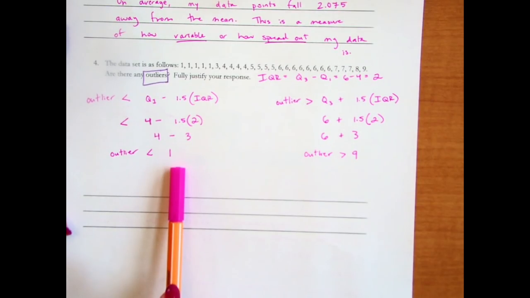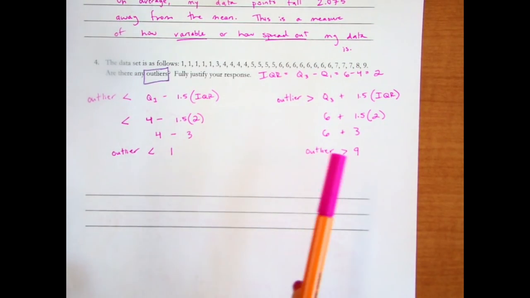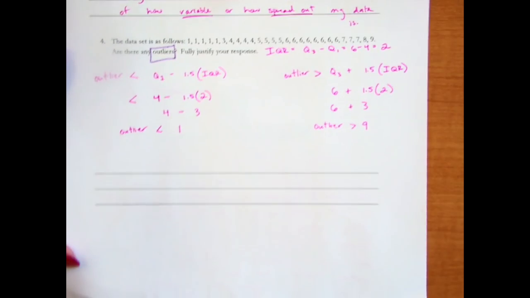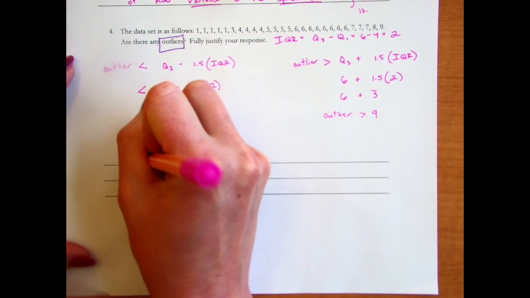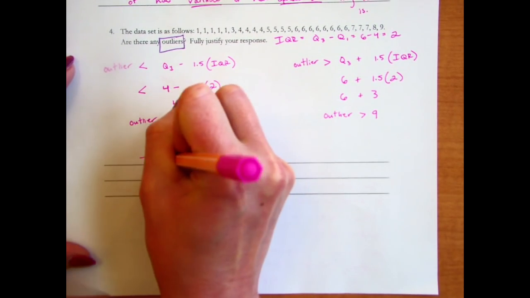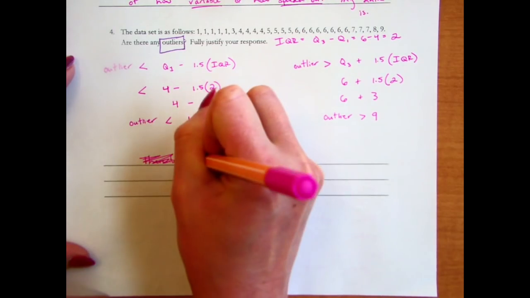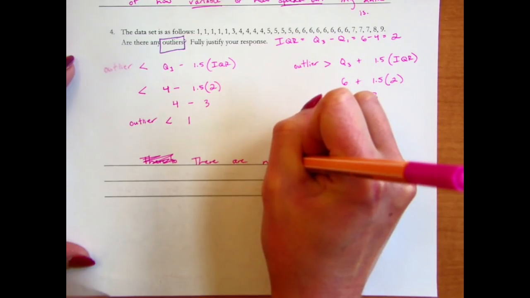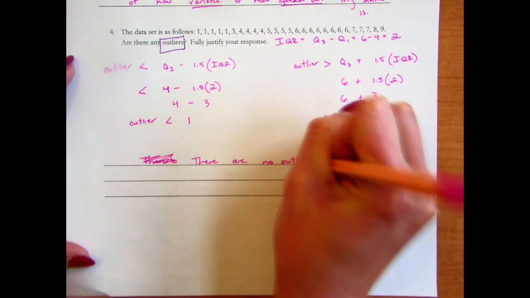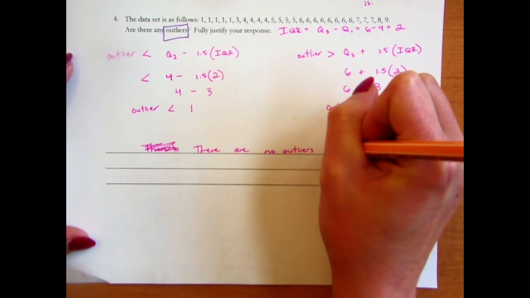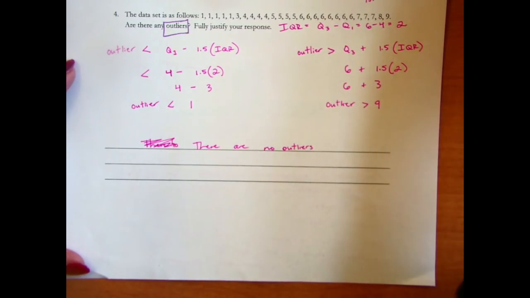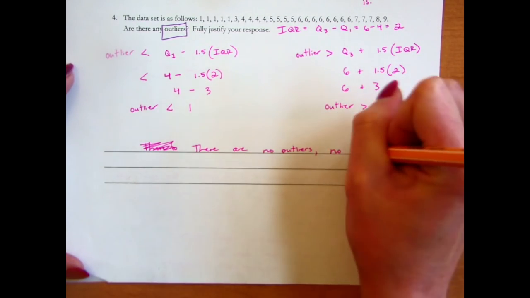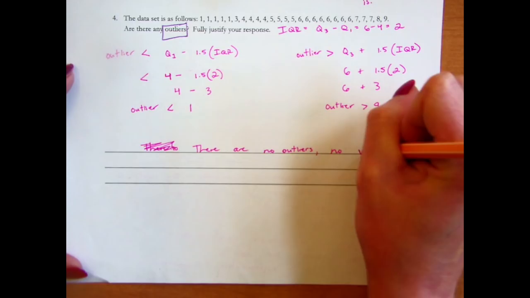Another way of phrasing that would be there are no values less than 1 and no values greater than 9, which were my two parameters that I calculated.